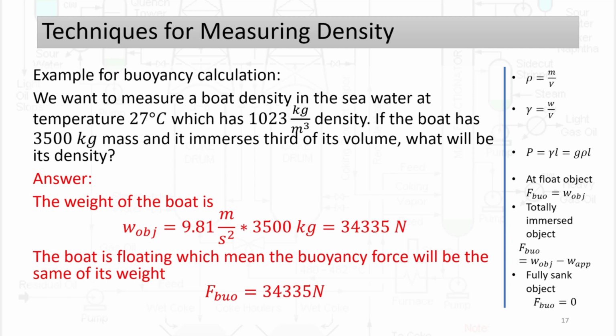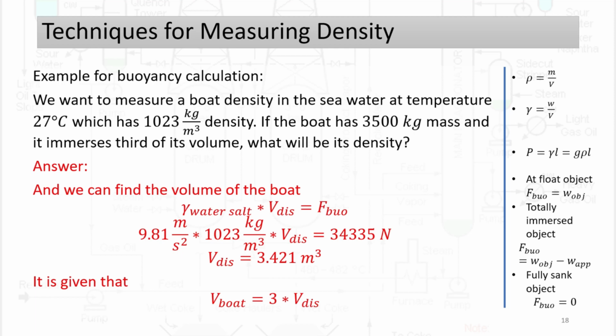The boat is floating. That means the buoyancy force will equal the weight of the boat because it's floating. So the buoyancy force in this case is 34,335 newtons.